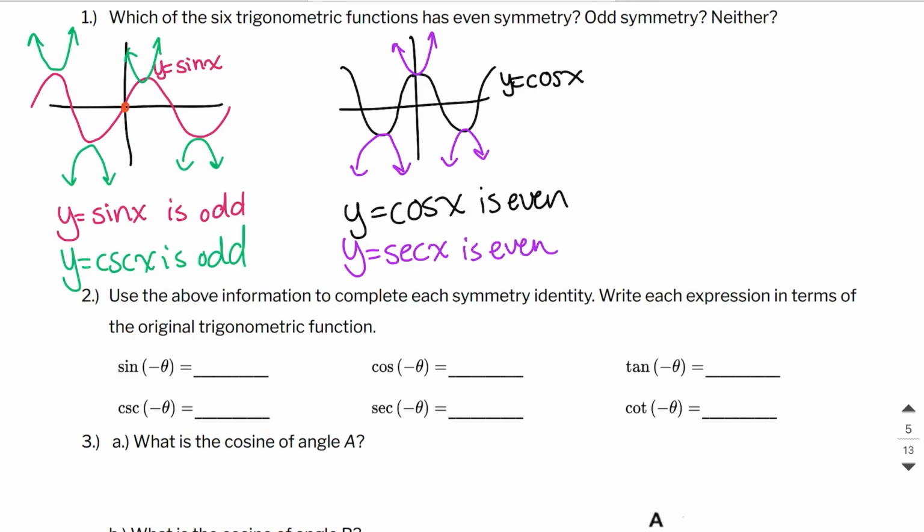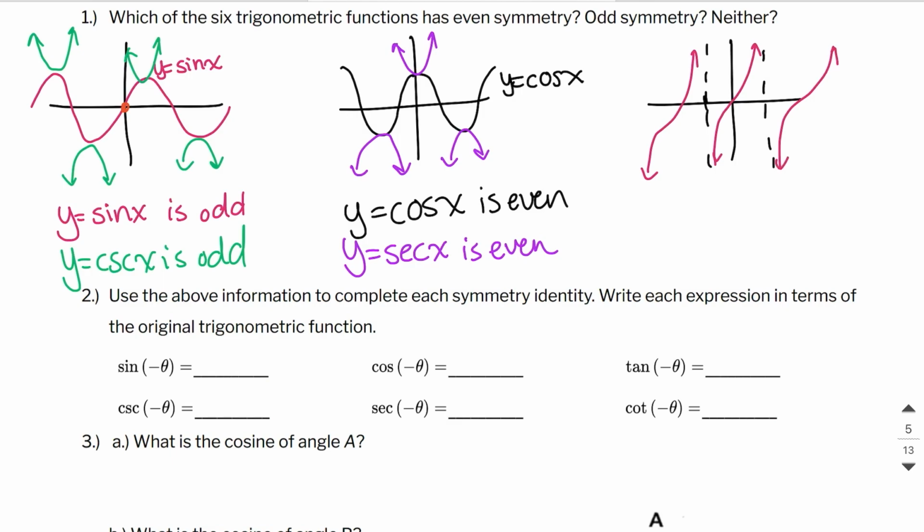Okay, and then let's take a look at tangent of x. So if you remember, tangent of x has vertical asymptotes at pi over 2, 3 pi over 2, 5 pi over 2, any multiples of pi over 2. And then it has intercepts at all multiples of pi.